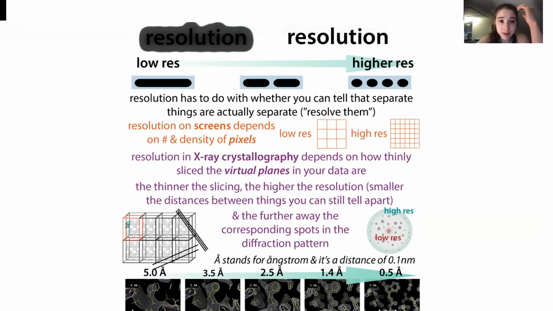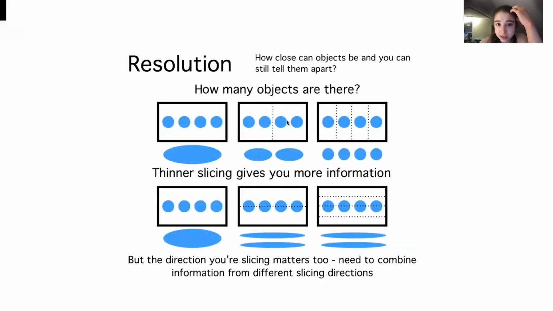But basically, even if your eyes could tell that there were two dots in one of these squares, if those things are smaller than a pixel, then you wouldn't be able to tell, because the pixel would just be averaging it out. It could only show you a single dot. So basically the screen resolution is usually reported in the pixel dimensions.